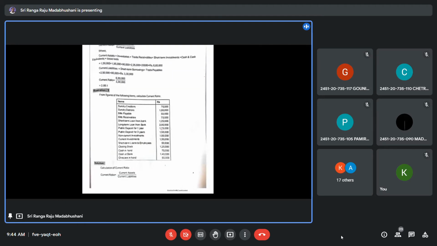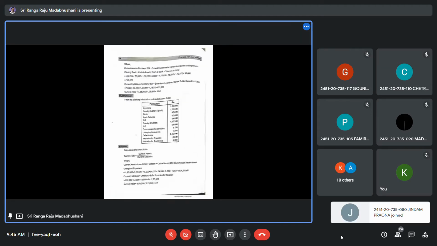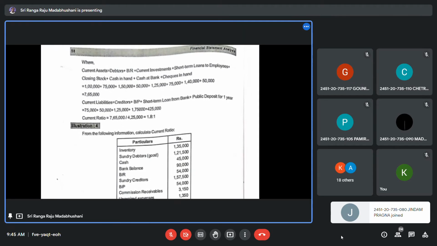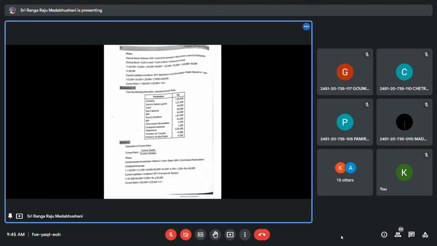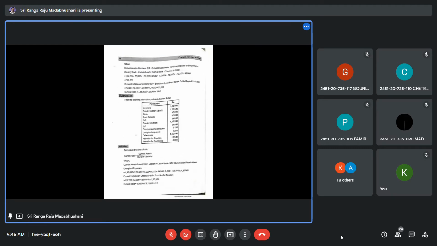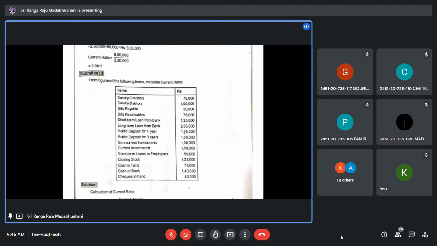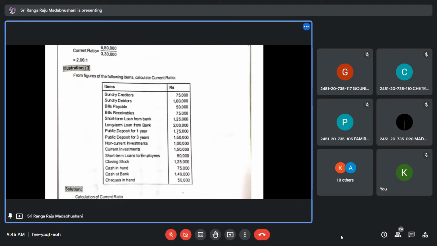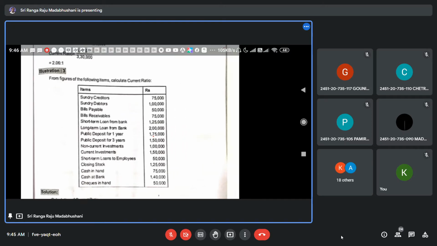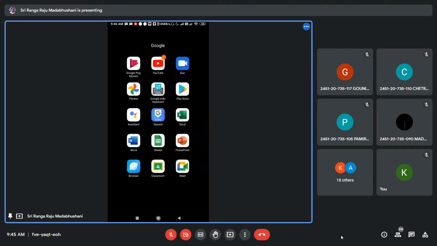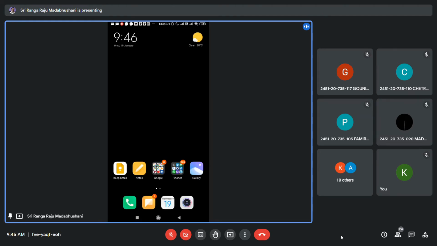Yes, it is clear, hope. We had seen 2 examples yesterday, I think. Yes, 2 or 3 examples. This one, third example. Wait.